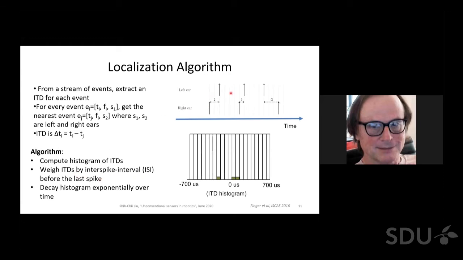Which means that depending on the time between the 2 spikes in the same channel, if there's a big pause before the spike arrives, then we weigh it heavier. And then we throw that into this histogram. So in this case here, since we have 3 ITDs, you can see 3 entries into the corresponding bins. And then the next thing is that we decay, of course, the histogram exponentially over time.